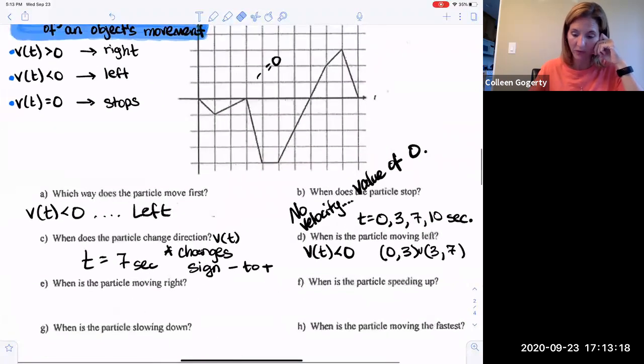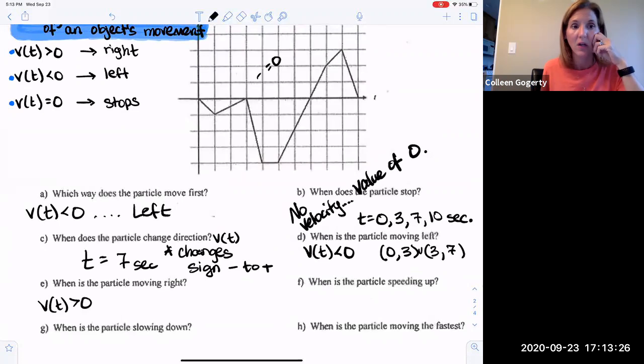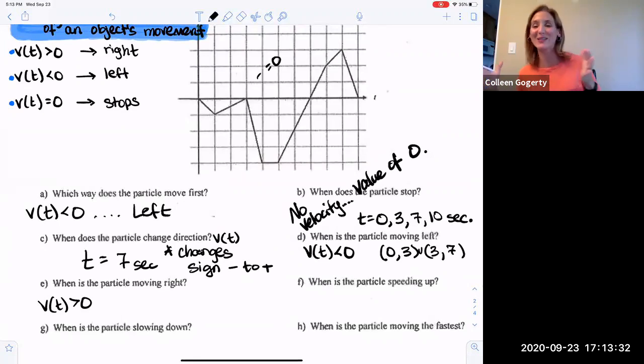When is the particle moving right? Well, right would mean that v of t has to be greater than 0. We need a positive velocity for the particle moving right and left. So we want to move to the right, which means we need a positive sign.